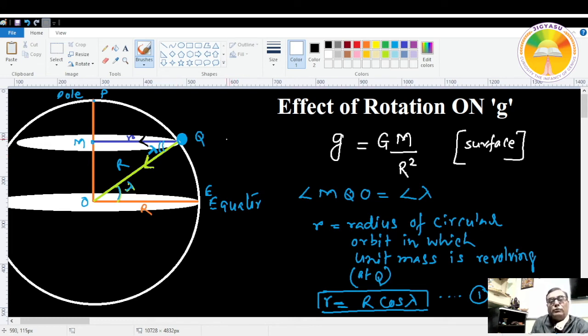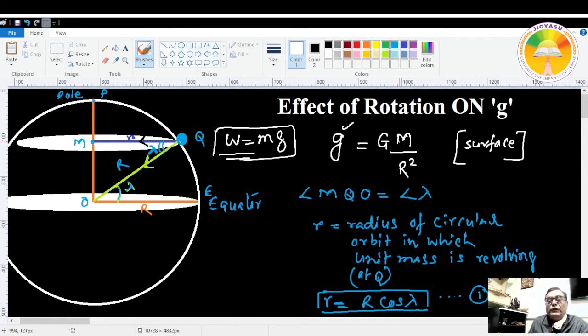And the weight of an object is given by mg. g varies due to various factors, like at height g is less, at depth g is less compared to the water level or sea level. The effect of rotation is our today's topic, and we saw it already.